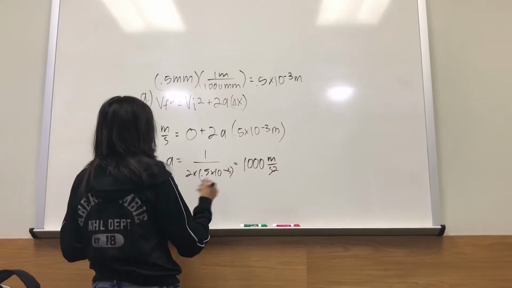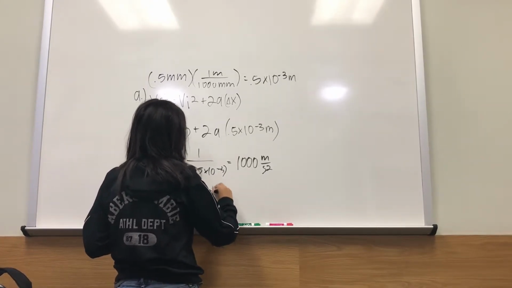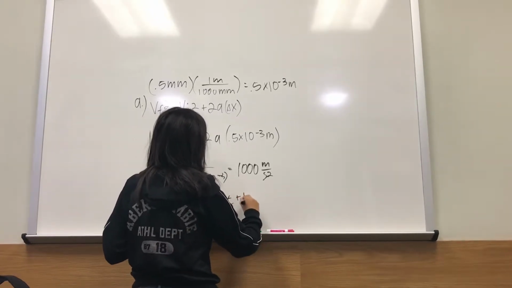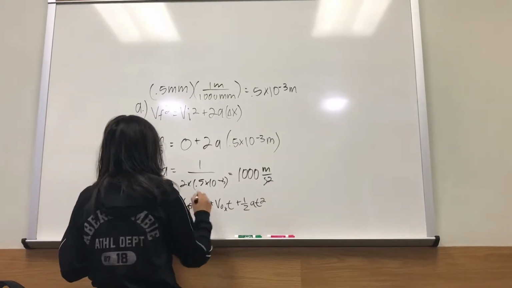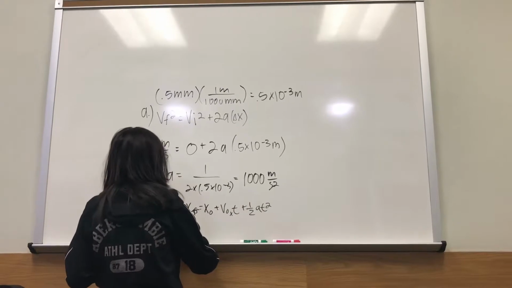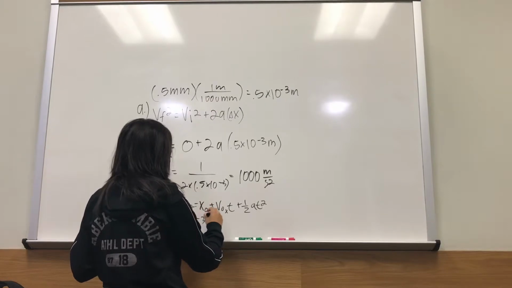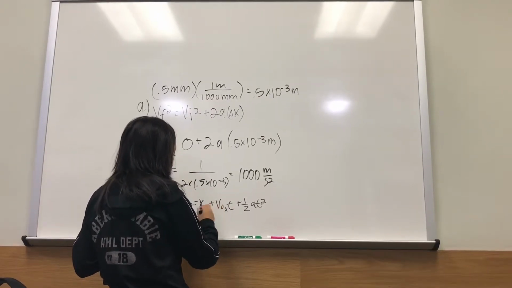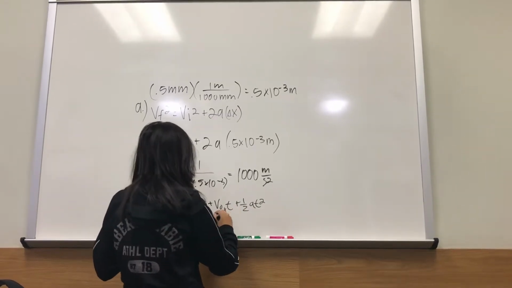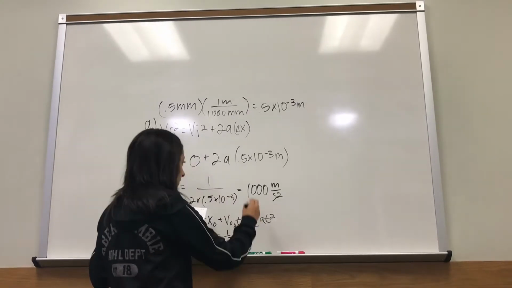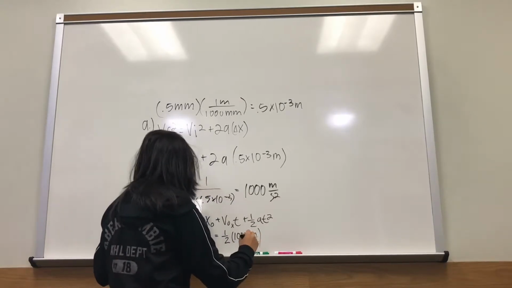Okay, so to find our time, we're going to use this equation: x final equals x initial plus velocity initial of x times time plus 1/2 times acceleration times t squared. So we have our final x, which is 0.5 times 10 to the negative 3, and then our initial x is 0, our initial velocity is 0, so that just leaves 1/2 times our acceleration, which is 1,000 meters per second squared, times t squared, which we don't know.